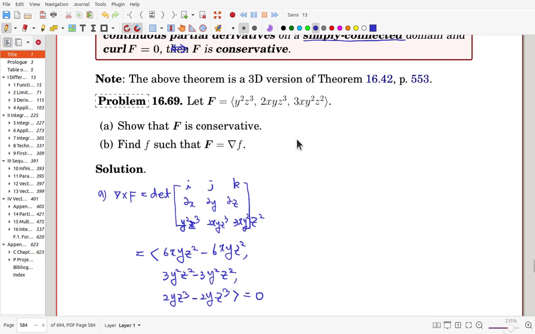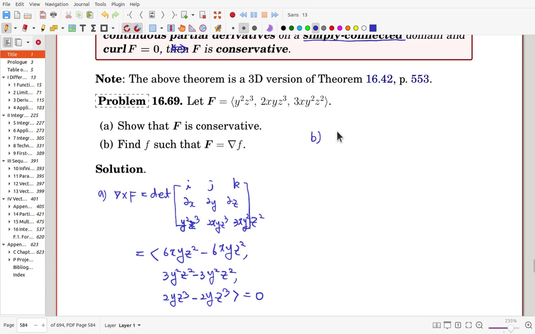Now let's try to find the potential. Okay, F is the potential, so gradient F is the vector field. That means that the first component of gradient F, which is F sub x, must be the first component. The second component must be the second component, and the final one must be the final one.